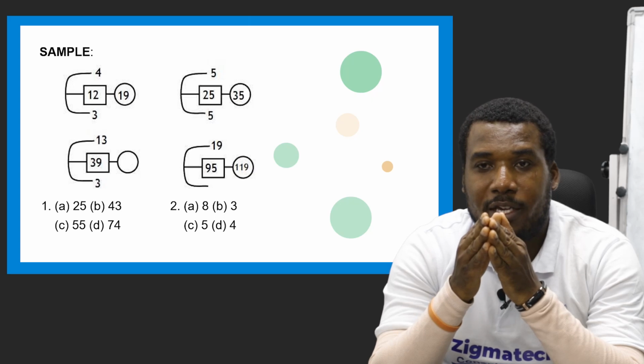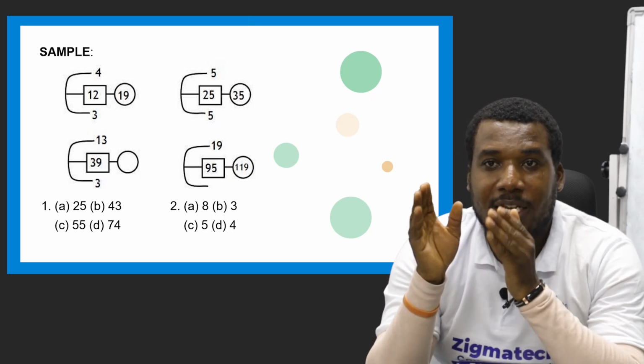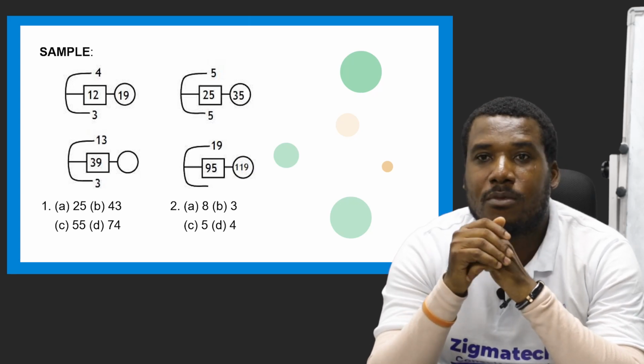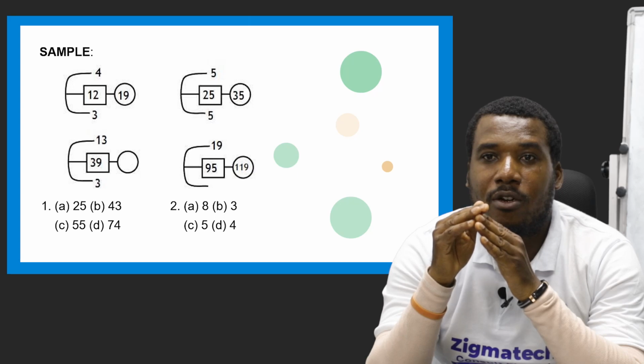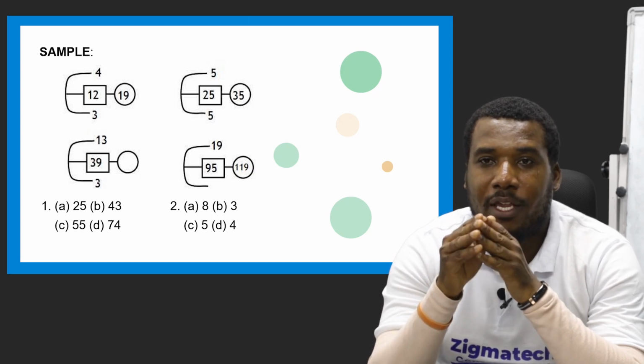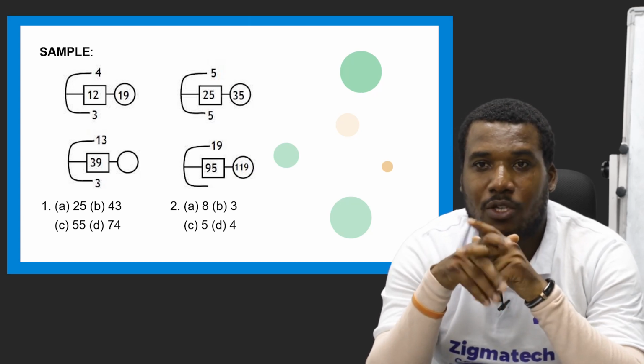Now if you notice carefully in the movement of this sample, 19 is the result. Now 19 comes as a result of 12, 4, and 3 adding with each other. That's how you get to 19.